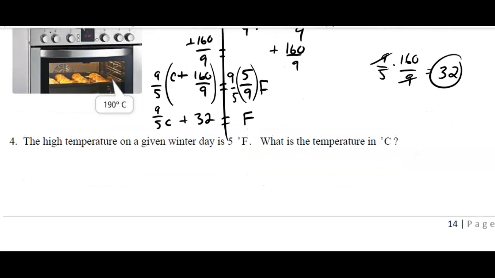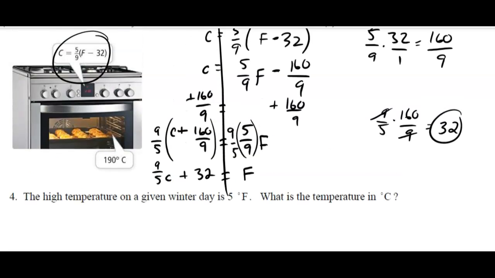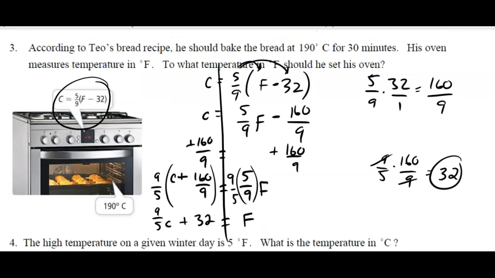So it says the high temperature on a winter day is 5 degrees Fahrenheit. What is the temperature in Celsius? Oh, before we do that, I guess we got to finish up here. Sorry about that. So 190 degrees for 30 minutes. Okay, what temperature should I set the oven to? Well, now we have 190 degrees.